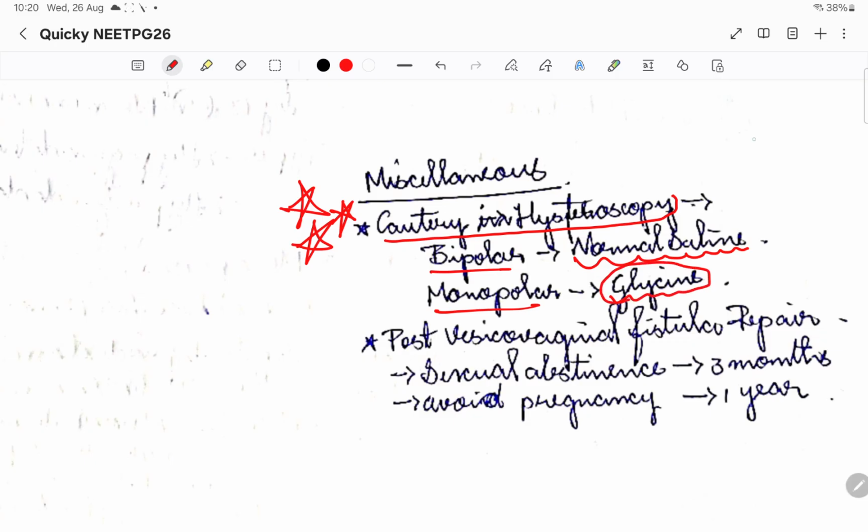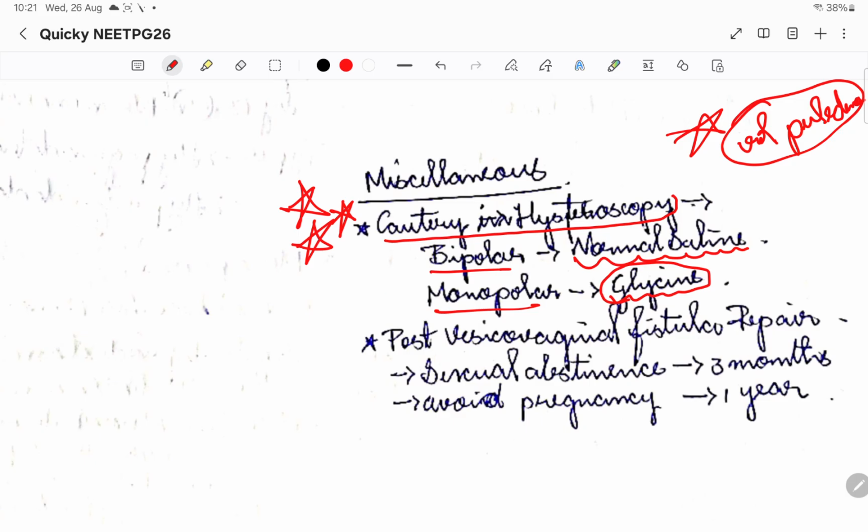Please be aware. A complication of hysteroscopy with these saline and glycine fluids is volume overload and pulmonary edema. So monitoring the amount of fluid loss is very, very important. This has been a previous year topic that they have been asking very recently.